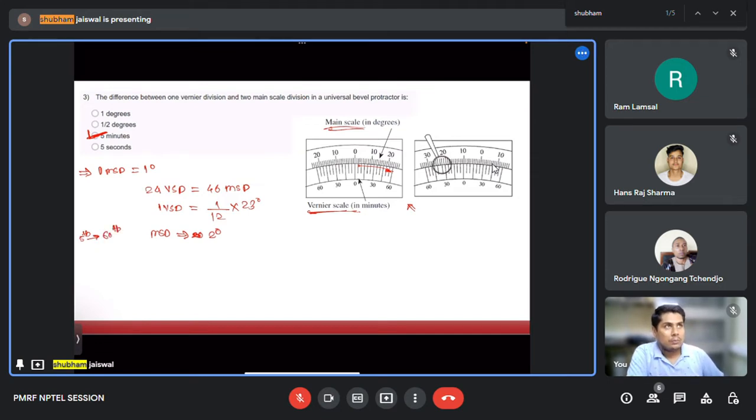It means the least count, or the minimum reading that we can measure, will be 2 main scale division minus 1 vernier scale division. So if we calculate 2 minus 1 by 12 into 23, it comes out to be 1 of 12th degree, or simply if we convert it into minutes, it comes out to be 5 minutes. So the correct answer to this question is 5 minutes.